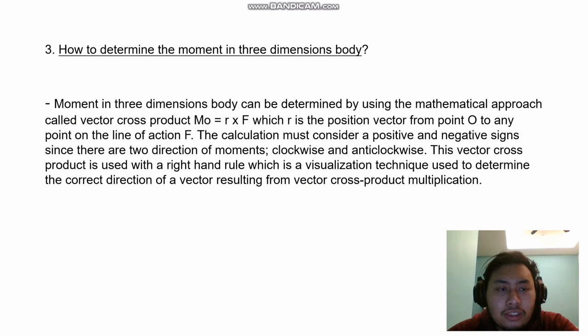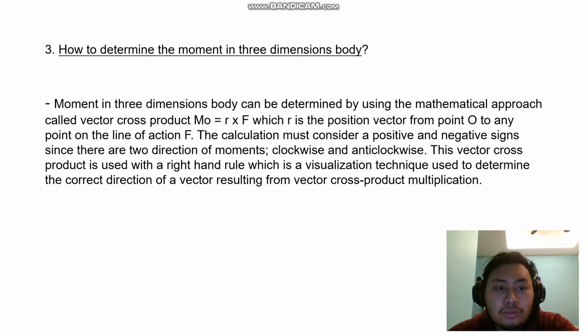For this question, the answer is, moment in a three-dimensional body can be determined by using a mathematical approach called the vector cross product. MO equals r cross F, where r is the position vector from point O to any point on the line of action of F. The calculation must consider positive and negative signs since there are two directions of moment, clockwise and anti-clockwise.